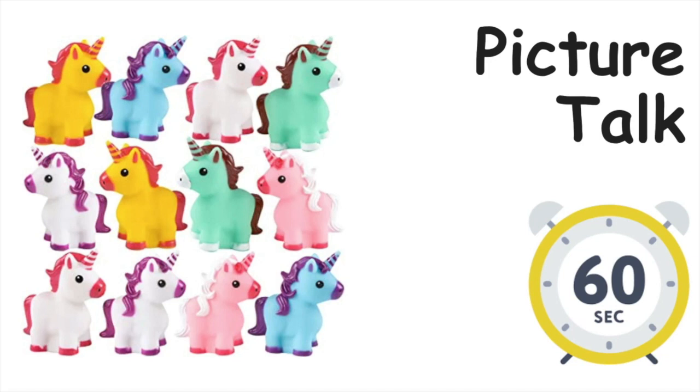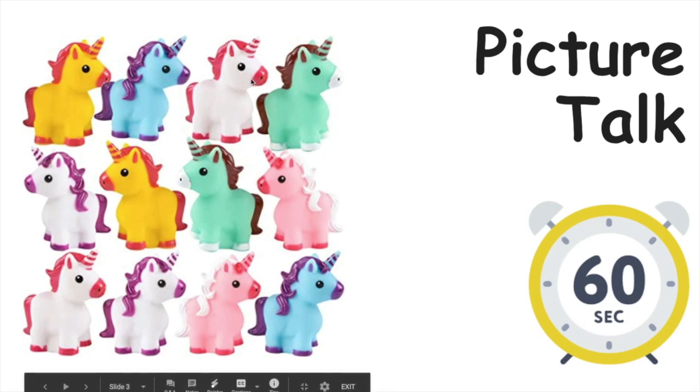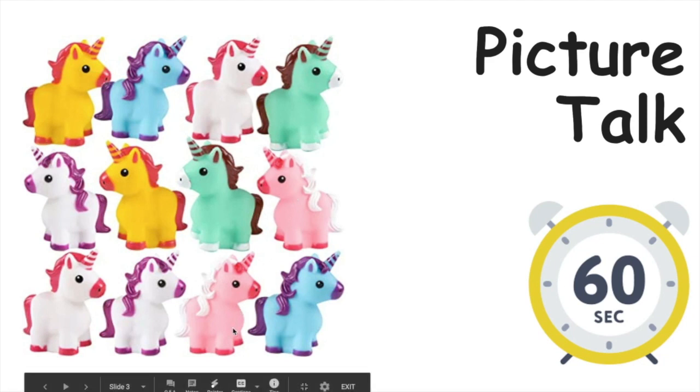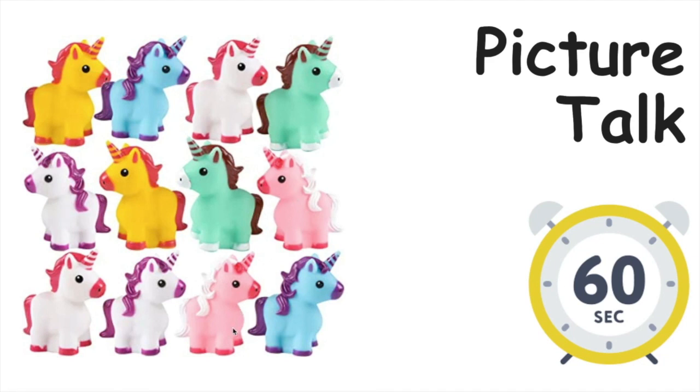Maybe you also noticed that there are 2 of every color. There's 2 yellow and pink, 2 blue and purple, 2 green and brown, 2 white and pink, 2 purple and white, and 2 pink and bright pink. So there's 2 of each type of unicorn.